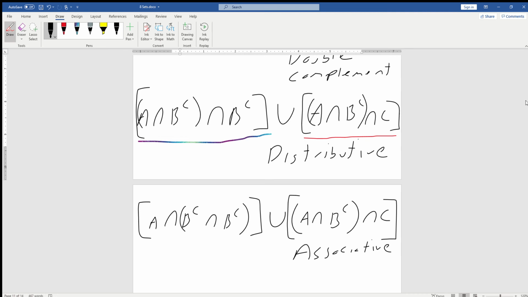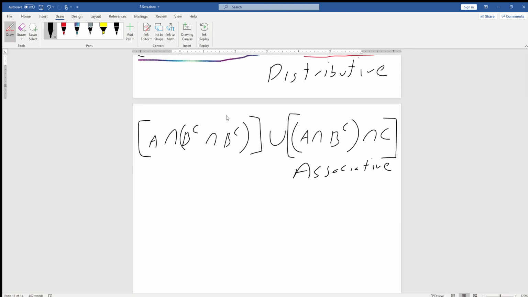At this point, we notice that we have the exact same thing twice: B complement and B complement. Logically, that tells us that we just have B complement, and that's true by our idempotent law. Look down the list and you can see this.